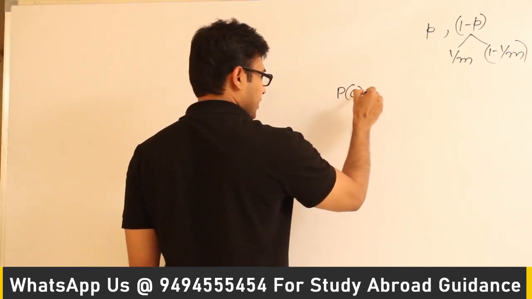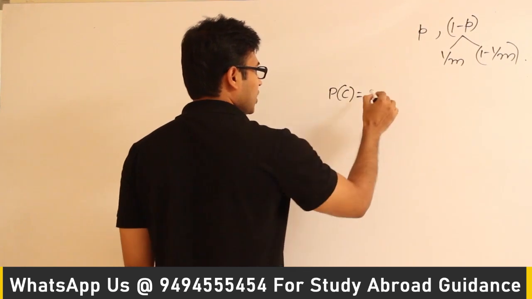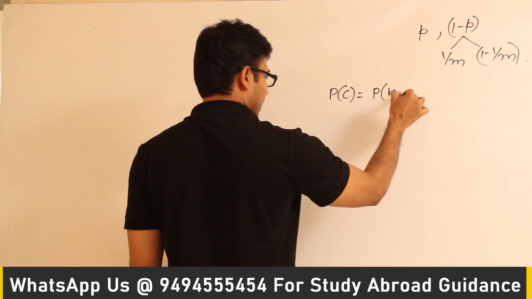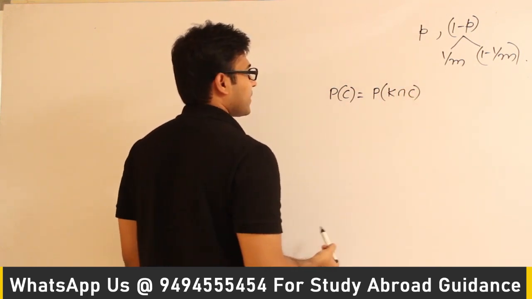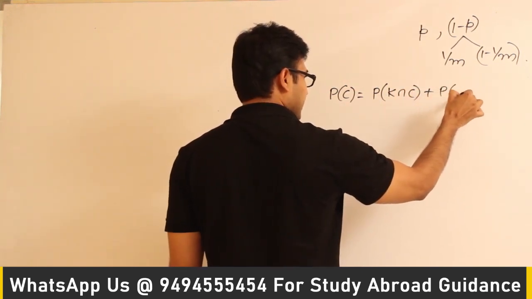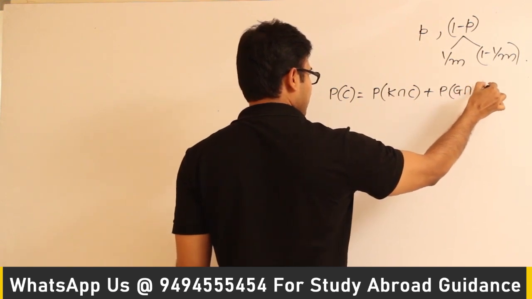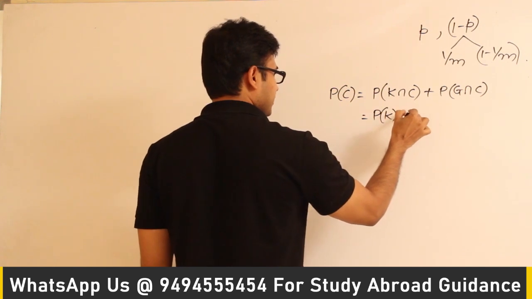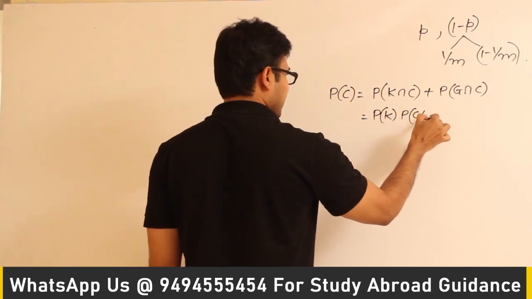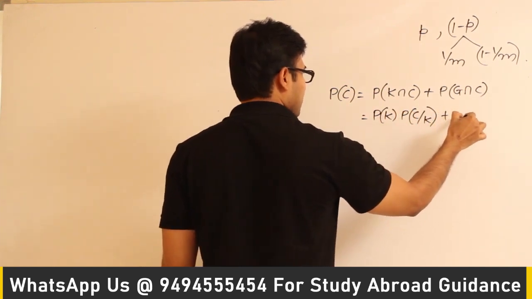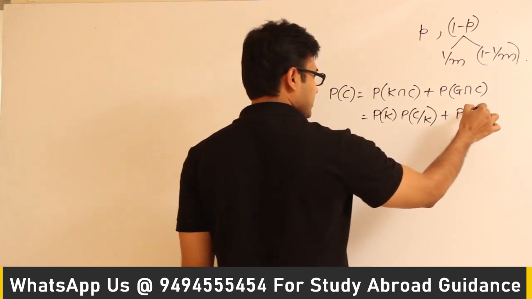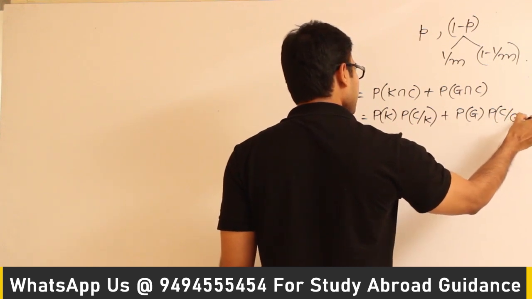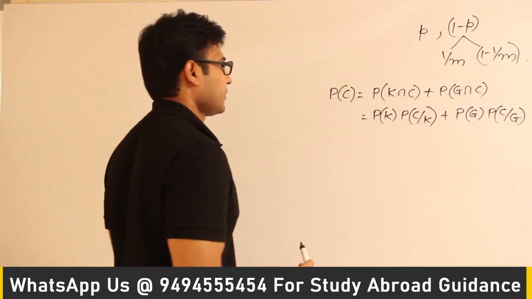Probability that she answers it correctly is equal to probability that she knows the answer and answers it correctly plus probability that she guesses the answer and answers it correctly, which is equal to probability that she knows the answer times probability that she answers it correctly given that she knows the answer, plus probability that she guesses the answer times probability that she answers it correctly given that she has guessed the answer, right?